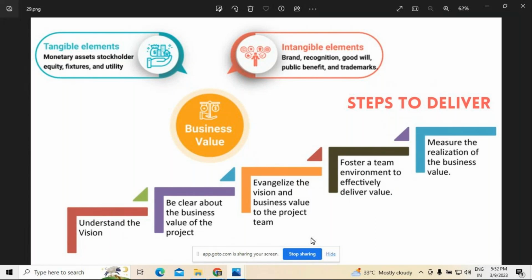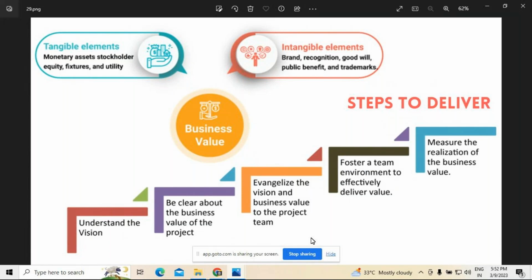Now when we talk about business value from an elements point of view, there are two different elements: one is tangible elements and the second is intangible elements. Tangible and intangible, in the context of business value.